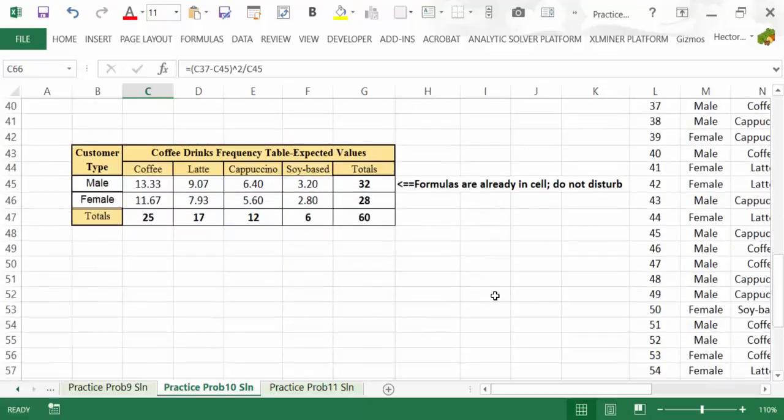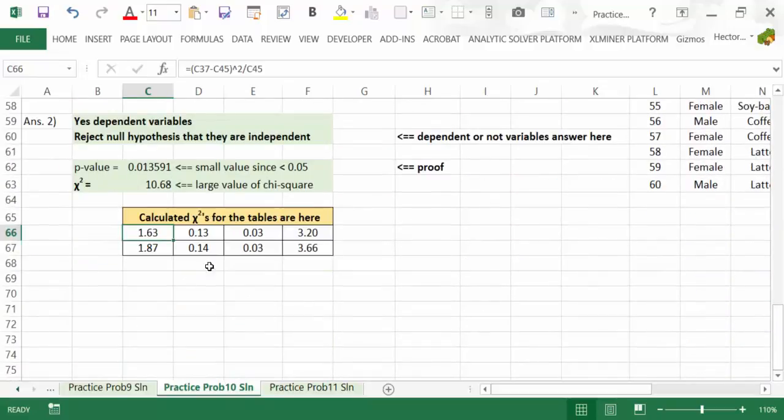And so we get these chi-squared values, and if the sum of all these chi-squared values is large, here's the summation of all of that, then we can reject the null hypothesis that they are independent in favor of that they are dependent upon one another.